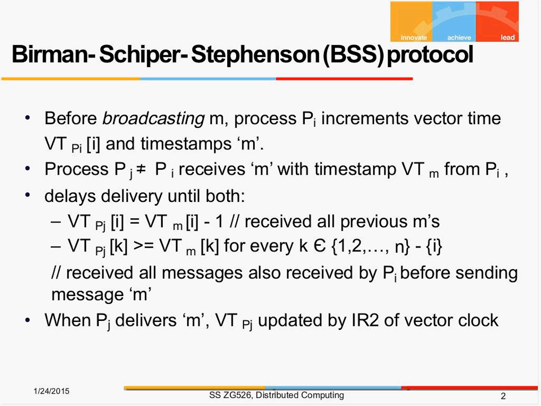So the first protocol that we will see today is this Birman-Schiper-Stephenson definition. This is again a research article published by these 3 people, and I am abbreviating it as BSS protocol.